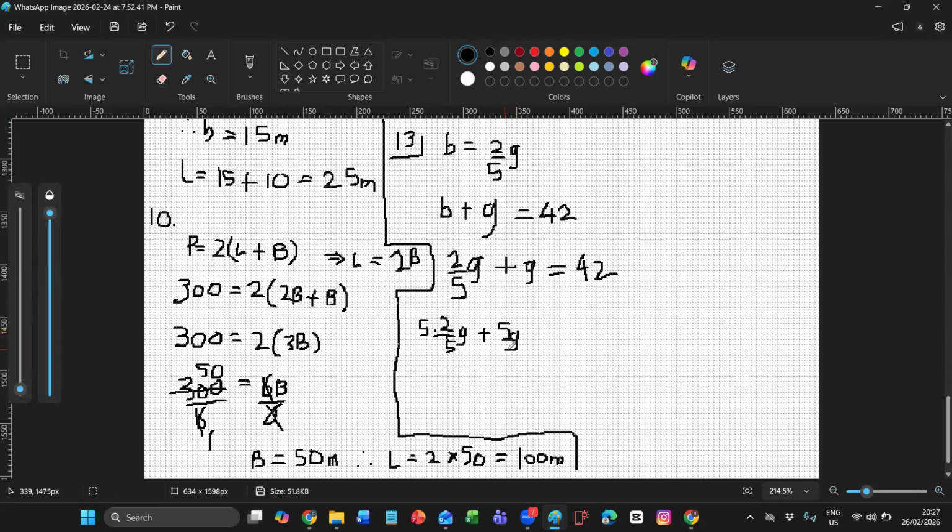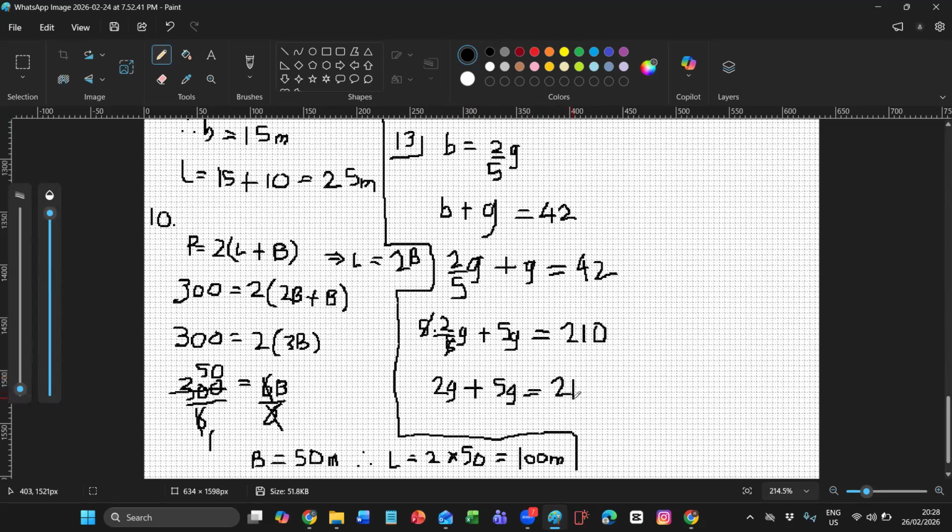Now what is 5 times 42? 5 times 50, that's 210. Okay. All right, so we can see what will happen here, right? You're left with 2G plus 5G, which is 7G, which equals 210.